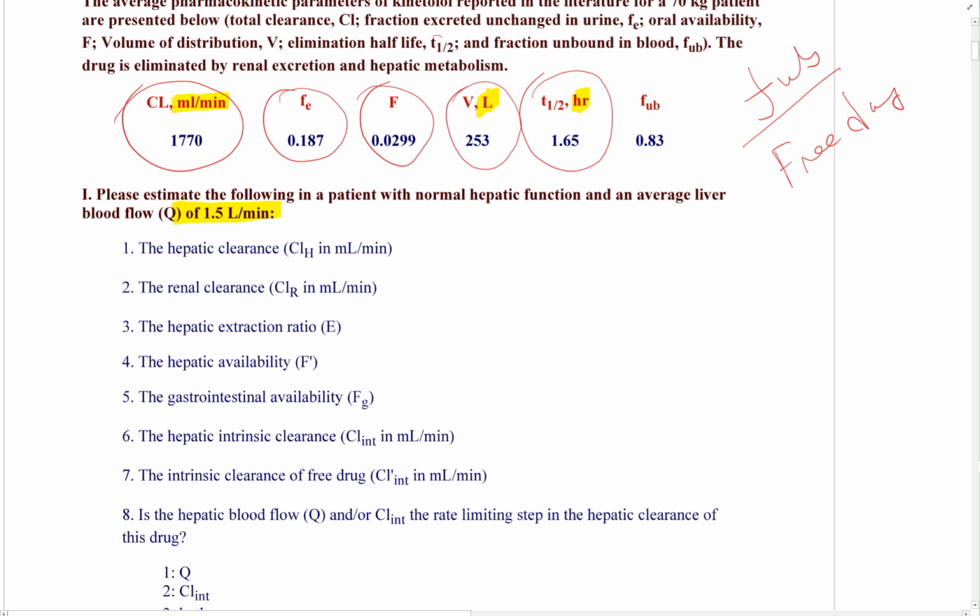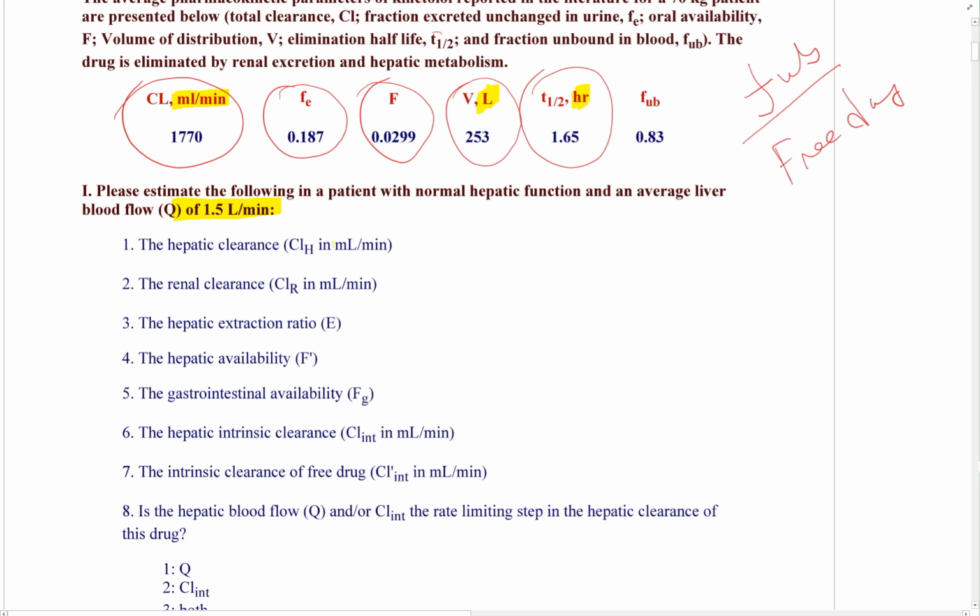But if you look into the answer, all these are in milliliter per minute. So I think first thing you may want to do, you convert this to 1500 milliliter per minute.